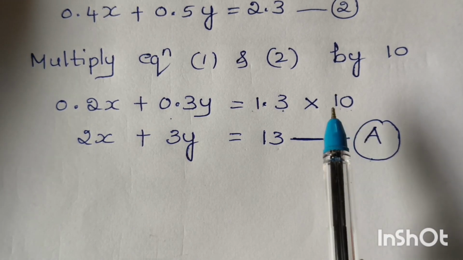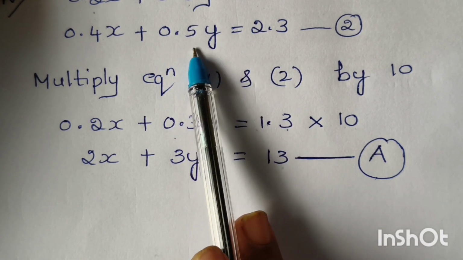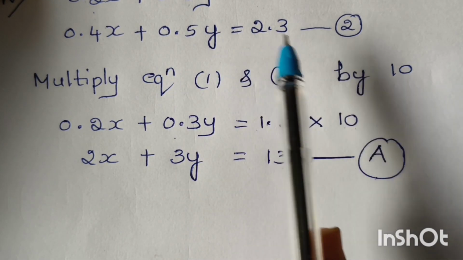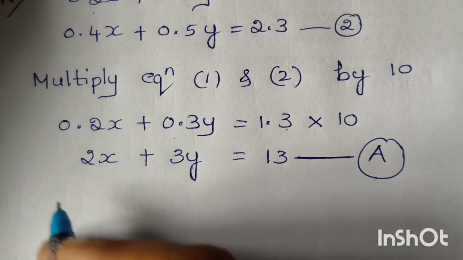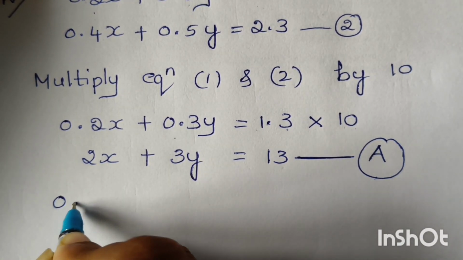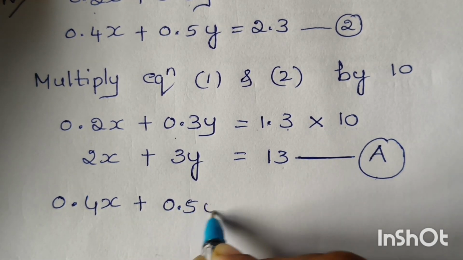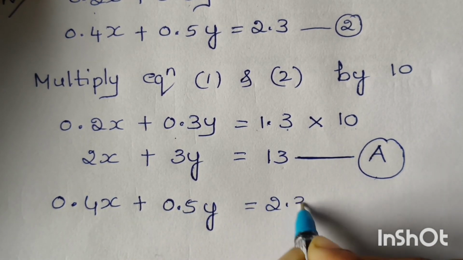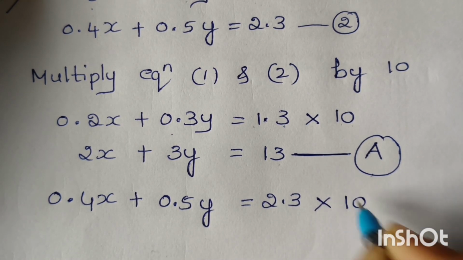In the same way, equation 2, that is this one, we will multiply by 10 to make it easier. Now let me consider equation 2, that is 0.4x plus 0.5y is equal to 2.3. Now let me multiply it by 10. What will it become?